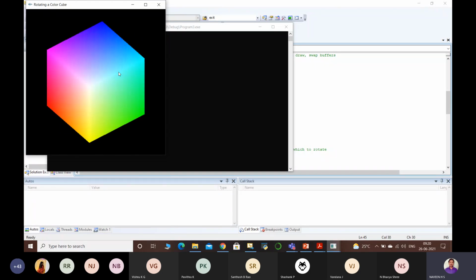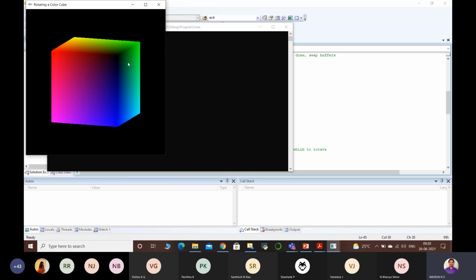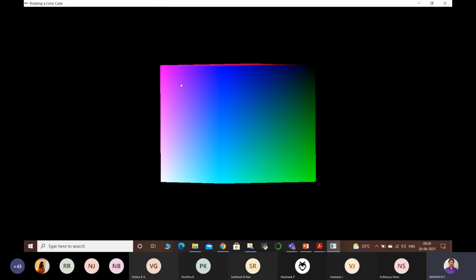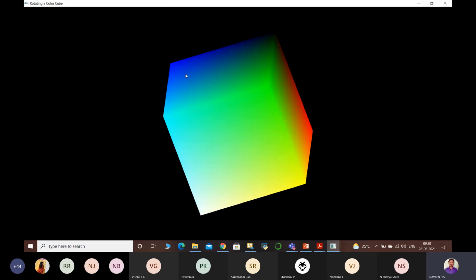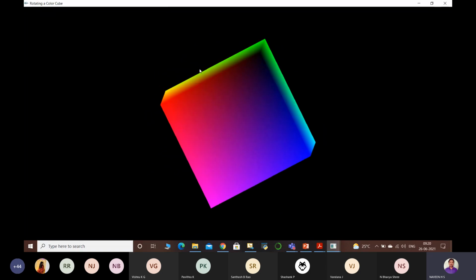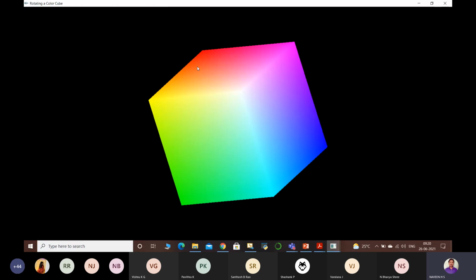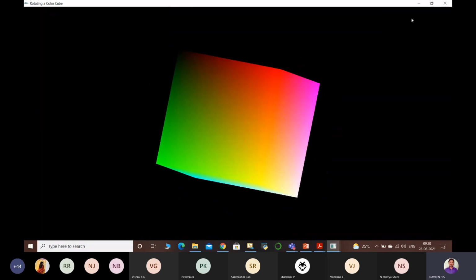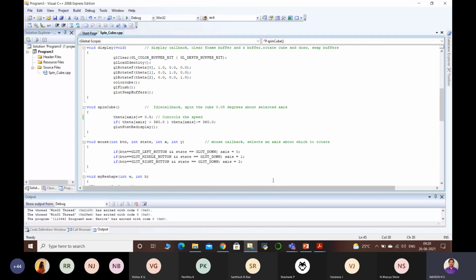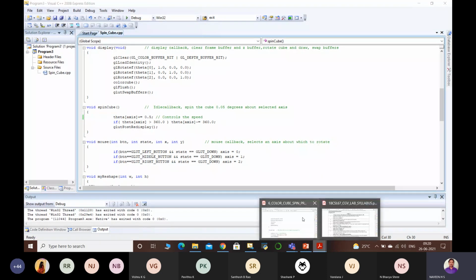See, previously it was very slow, right? I gave 0.05, now I will change it to 0.5. So your speed has started like this, you are able to perform it. That's it. So that is about spinning a cube.